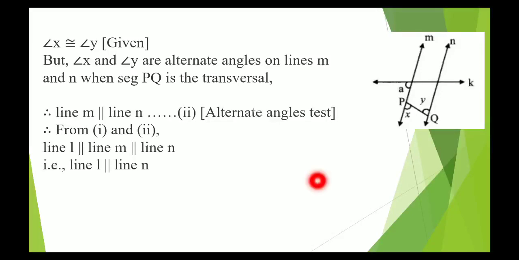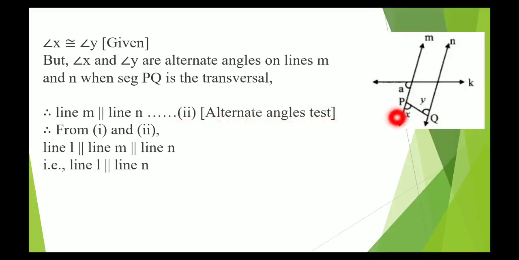Now we are going to prove. We know that angle X and Y are congruent from given. If we observe, angle X and Y are alternate angles formed by line L and N, where PQ is the transversal.